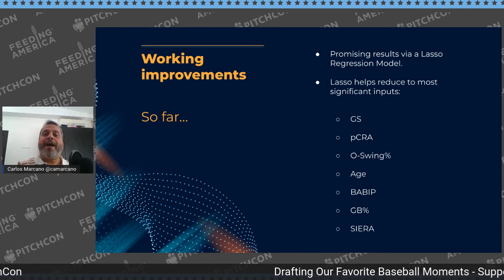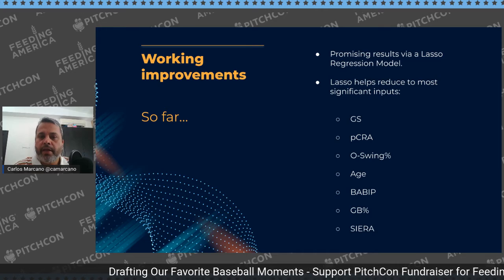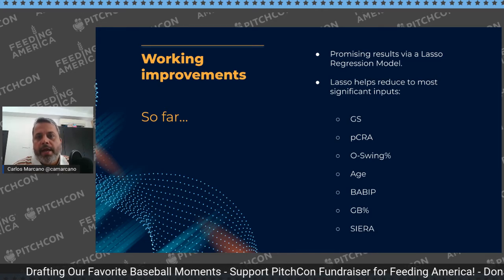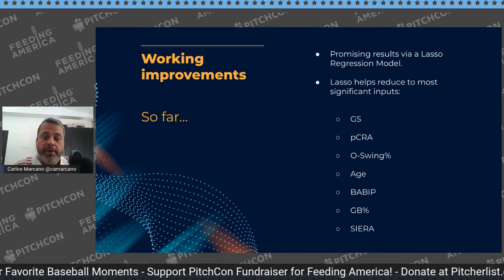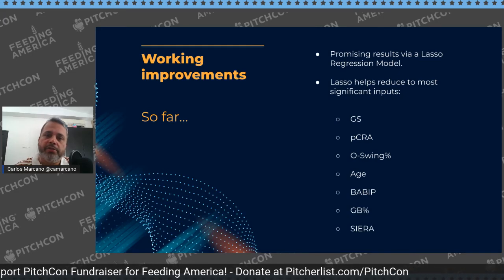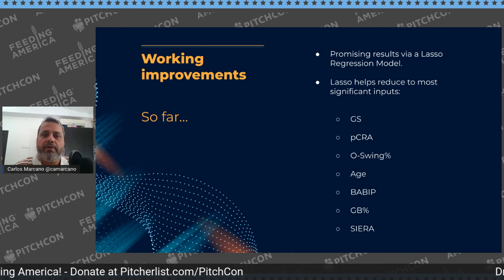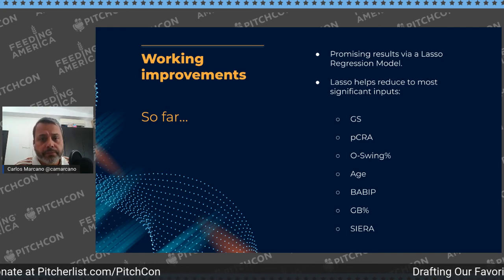And what I found initially is that using a lasso regression model is very helpful because it can nullify the terms or stats that are not very helpful for the model.